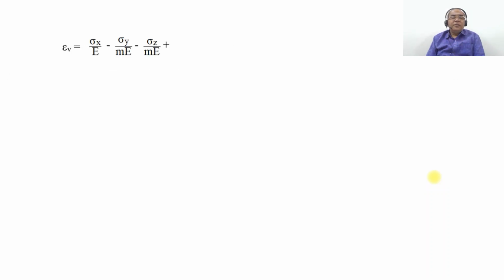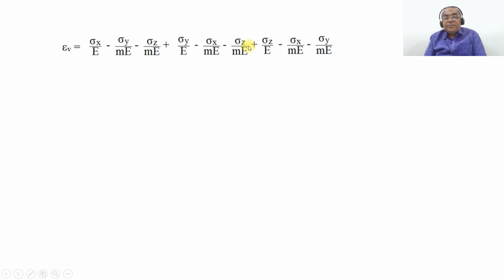Now in epsilon V, you substitute the values of epsilon x, epsilon y, and epsilon z. That is sigma x by E minus sigma y by m into E minus sigma z by m into E, plus sigma y by E minus sigma x by m into E minus sigma z by m into E, plus sigma z by E minus sigma x by m into E minus sigma y by m into E.